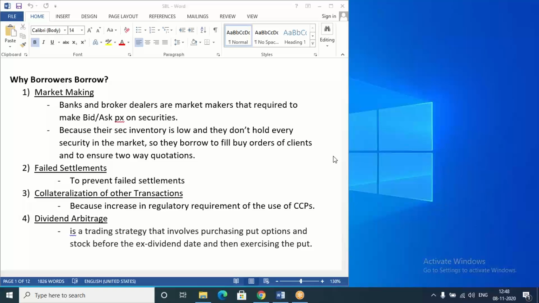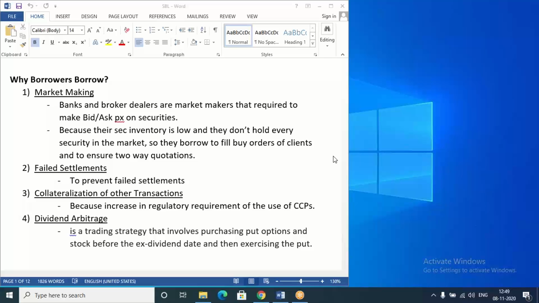And at the time of the settlement date, I failed to deliver those shares because I don't have them. So in order to avoid that fail from happening, I might borrow 100 Facebook shares. Does that make sense now as to what it means to prevent failed settlements?